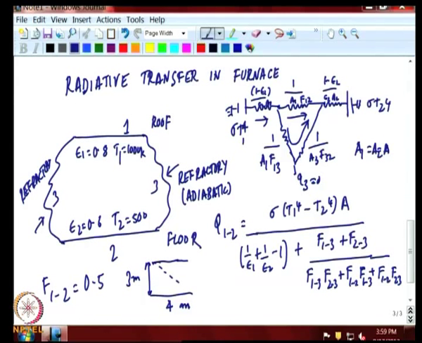So, this will be 5 meters, this will be 5 meters. So, you apply the crossed-string method, the sum of the crossed strings minus sum of the uncrossed strings divided by twice the string length, you will get 0.5. Substitute that into this equation along with the values of emissivities and temperatures, you should get a number like Q12 is around 170 kilowatt per unit depth of the furnace, assumed to be very long in this direction.